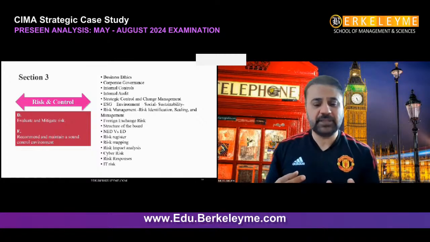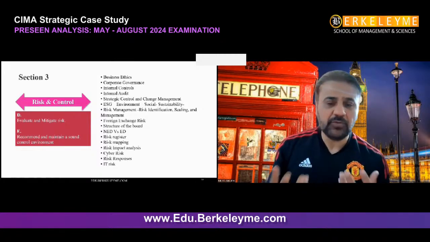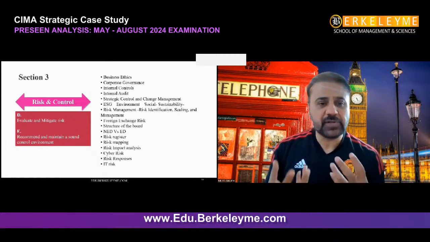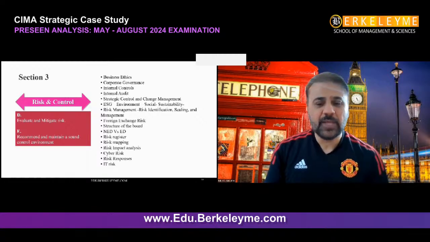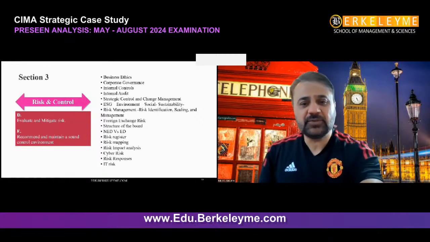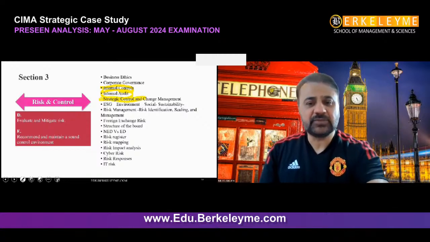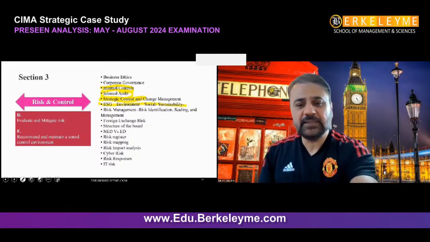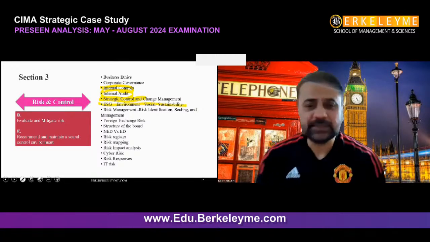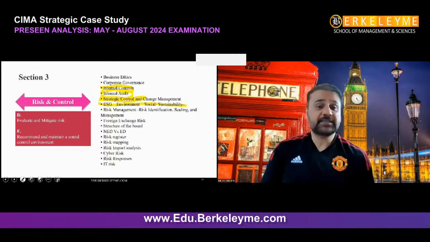Because this is a British exam, somehow we are going to follow the British strategies more. So we'll see what internal control is, what internal audit is, how to do the strategic controls, how to handle the environment, social and sustainability, risk management.